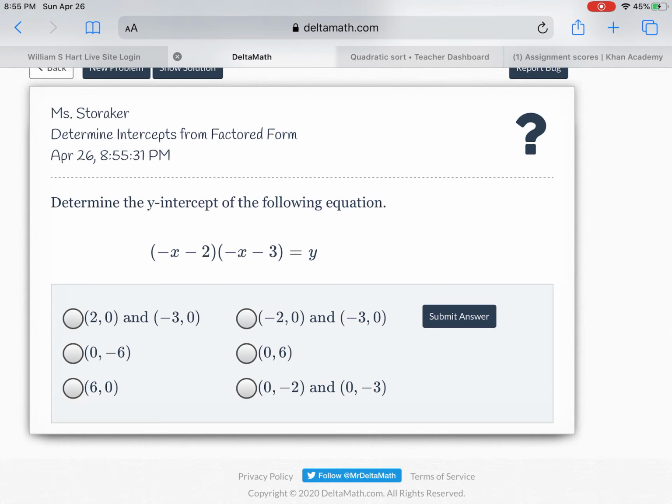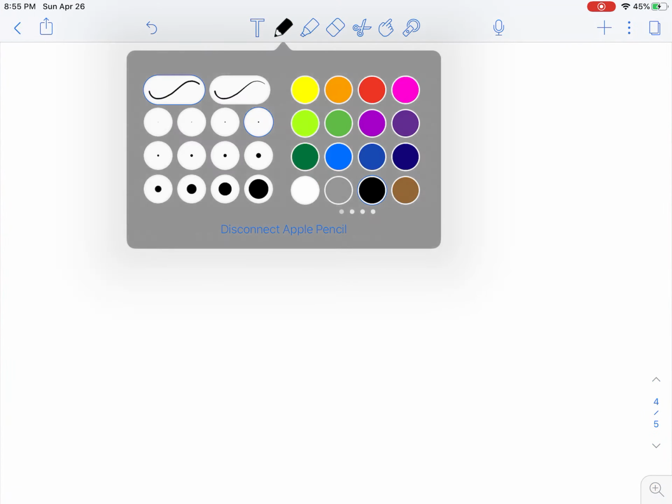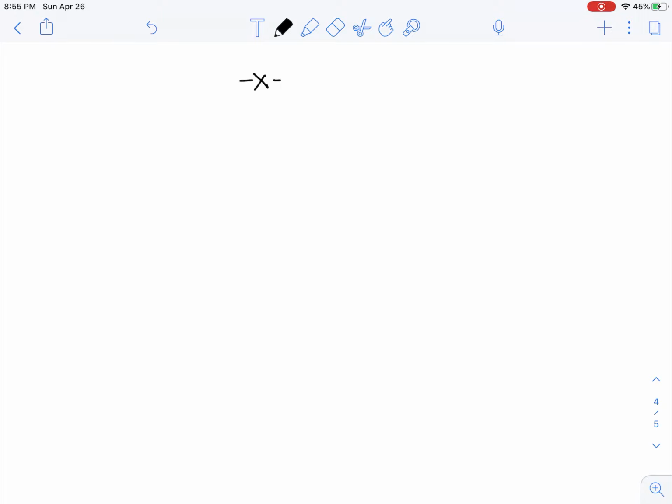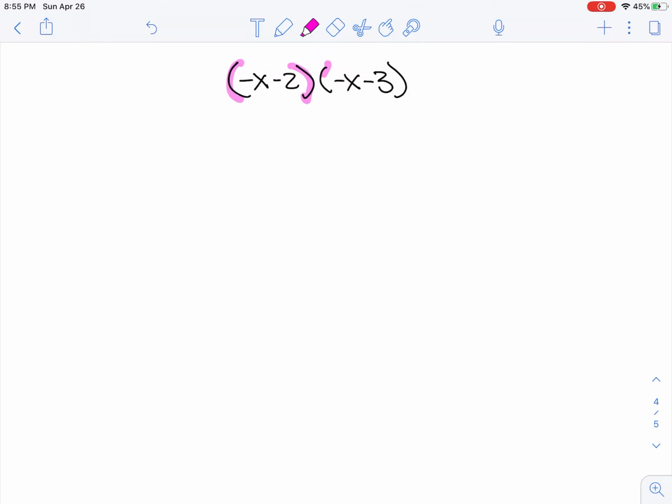Super tricky. Okay, so -x minus 2, -x minus 3. Because you see the two parentheses, this is in factored form. Everything I give you today is in factored form, but I want you practicing. I want you knowing that that is factored form.